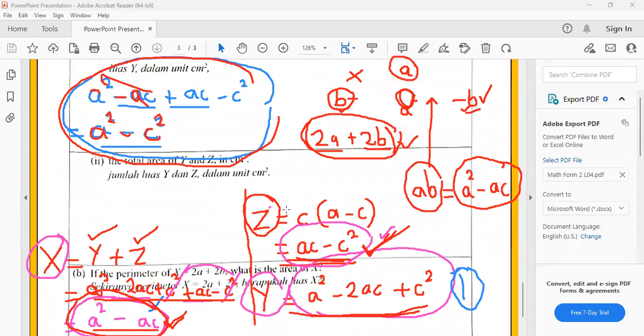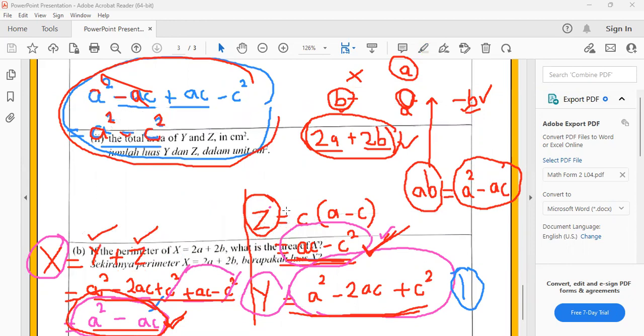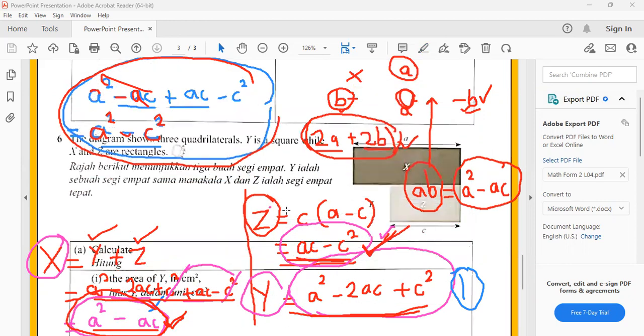All right. Now, what is the question asking? Find the area of X. What is the area of X? Girls? The area of X is AB. Can or not? Which is the same as A squared minus AC.